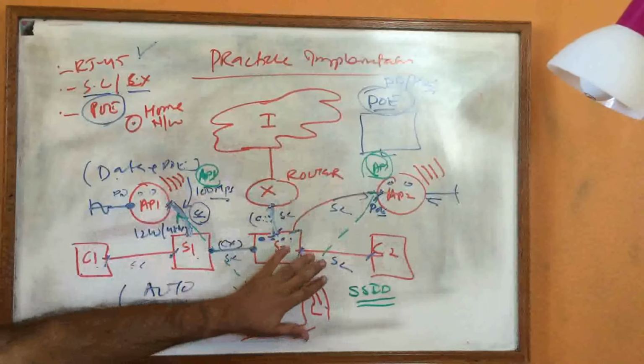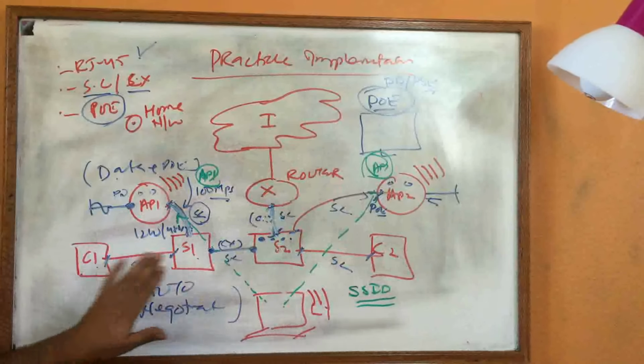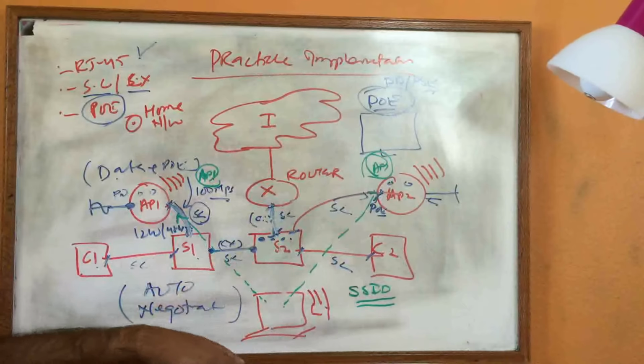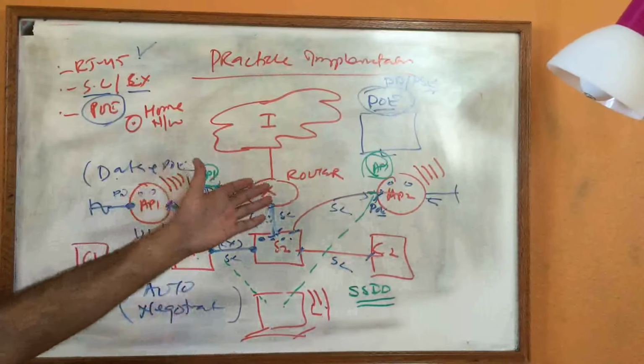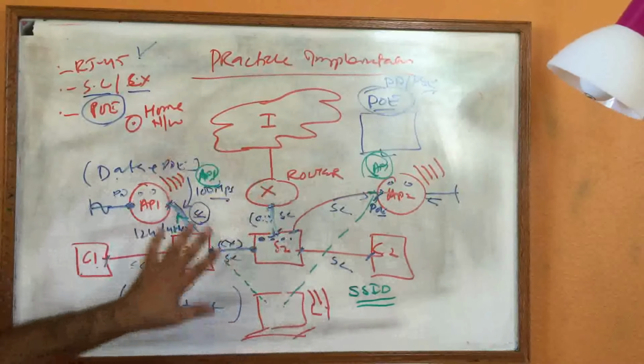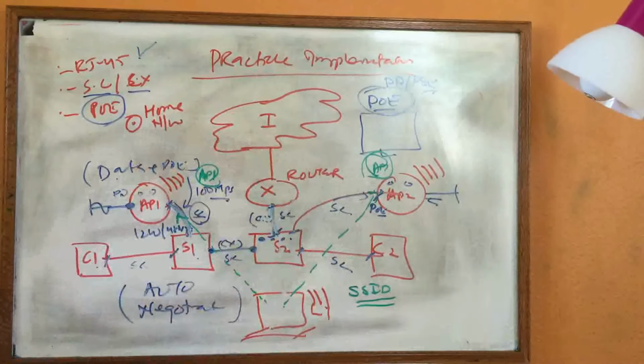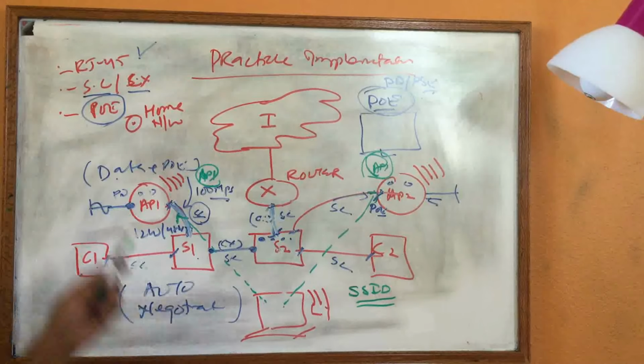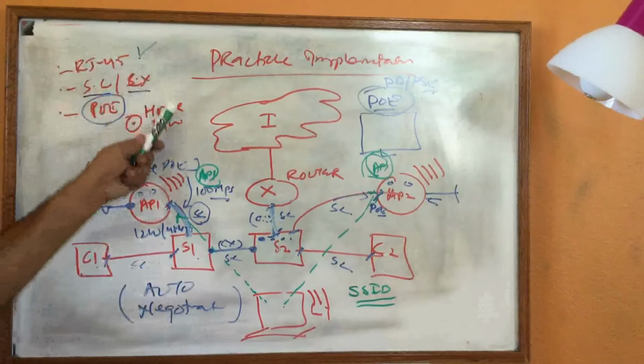Some of them would be wired, some of them would be wireless. Your TV would be wireless. Maybe LG TVs come with Ethernet ports also. So it could be wired, could be wireless. More and more devices are getting connected to the internet. So I think it's a very good starting point for you guys to understand how to build up these networks using the technologies we just talked about.